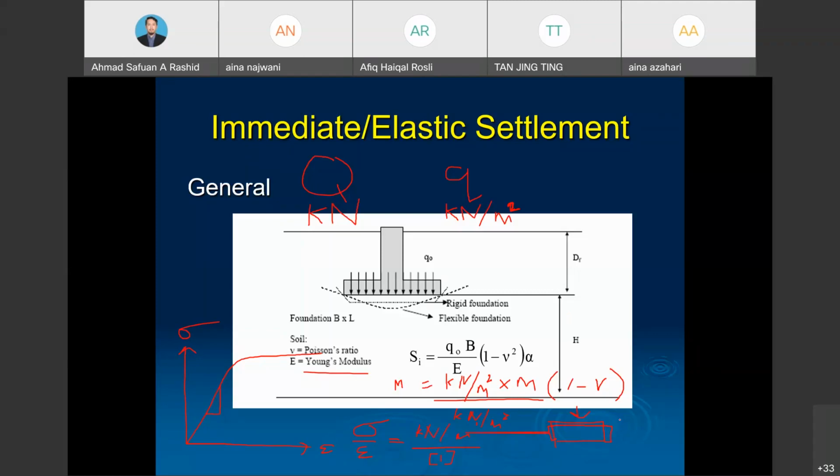So panjang asal, sorry, kalau untuk vertical strain, okay, L deformation over L. So kalau horizontal strain, kita ambillah delta H over delta, bila nak guna H boleh, B lah B. Okay, over B, horizontal. Okay.